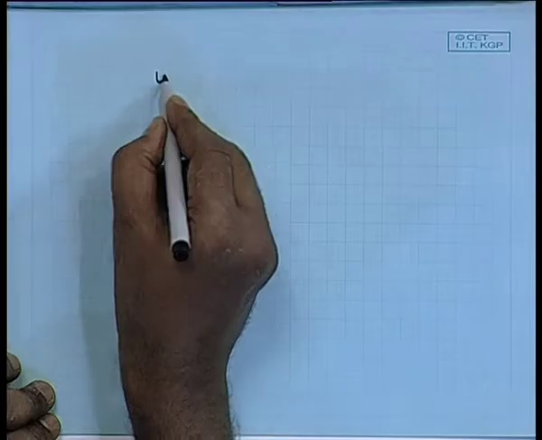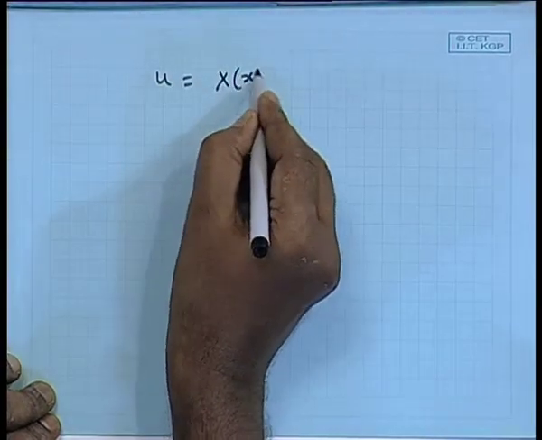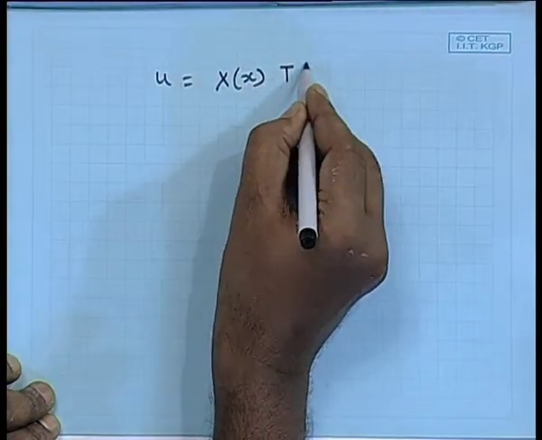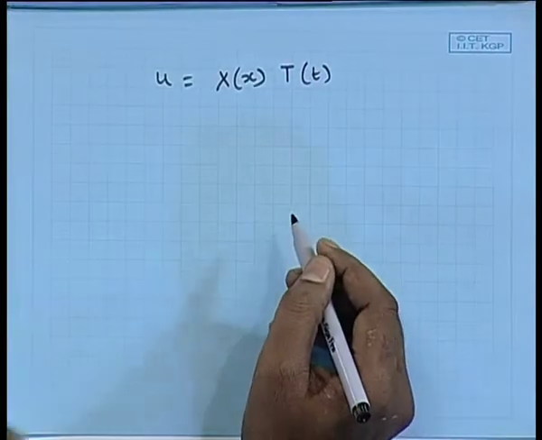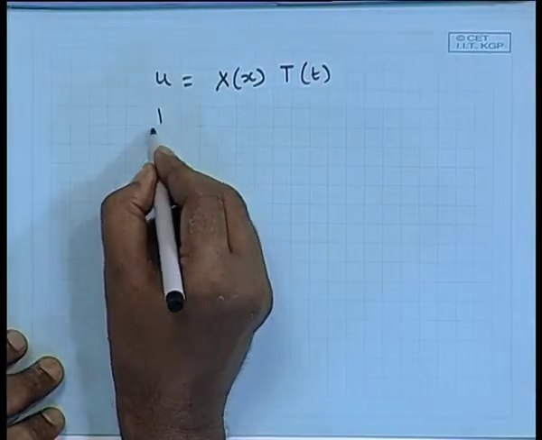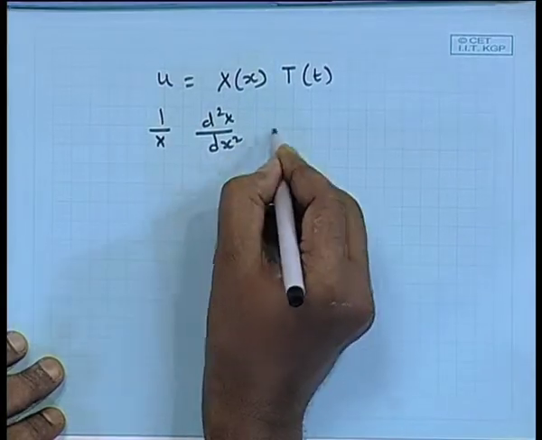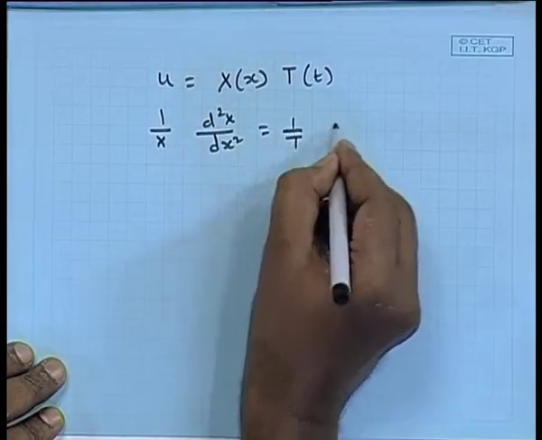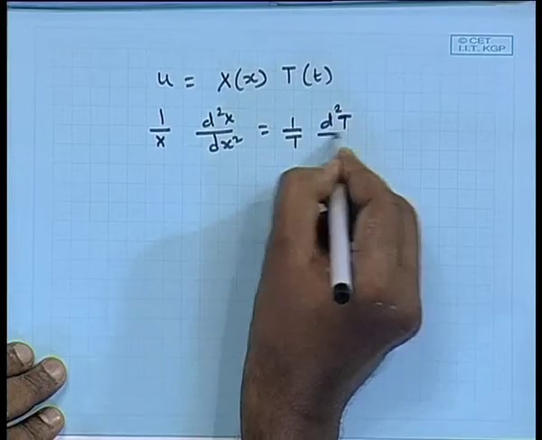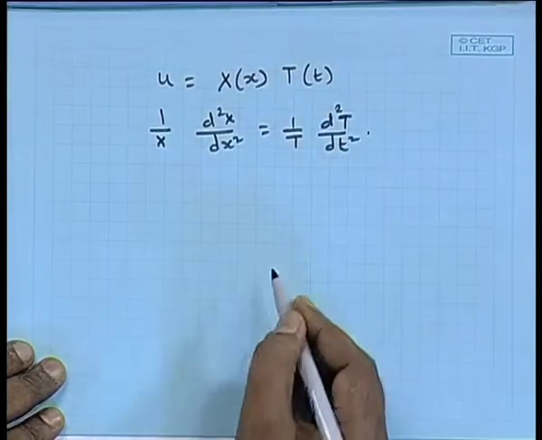Now, let us say u is a function of x and time. After splitting it up, you will be having X double prime over X, that is (1/X) d square X dx square, is equal to (1/T) d square T dt square.